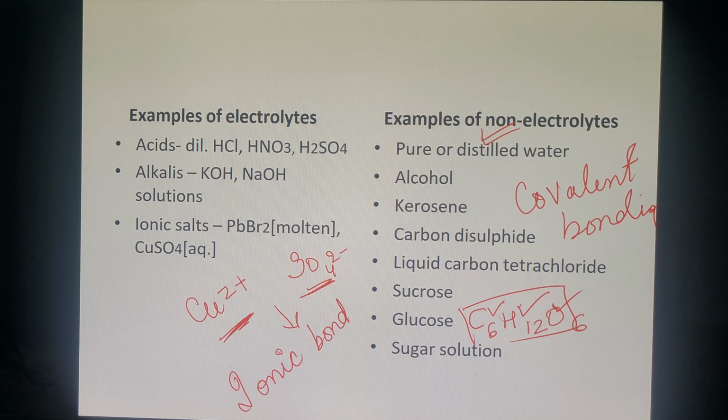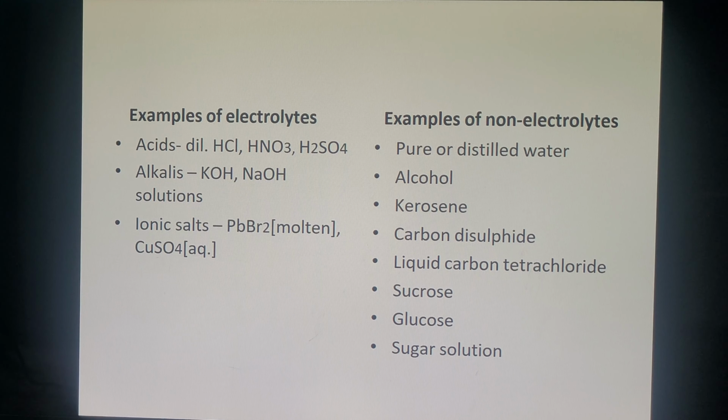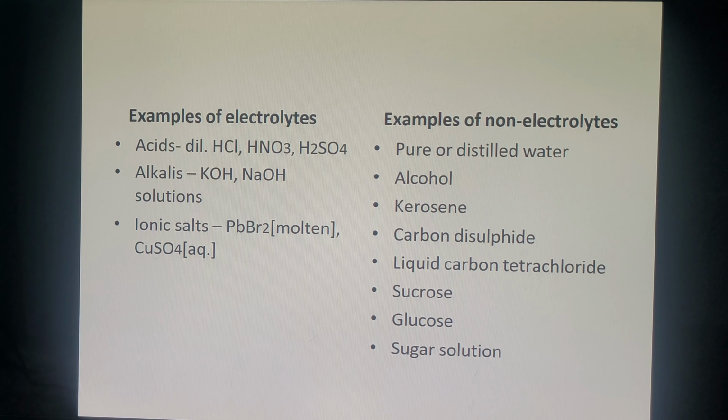And hence we know all ionic compounds are electrolytes, all covalent compounds are non-electrolytes. For example, I take alcohol. This is an alcohol called ethyl alcohol, C2H5OH, carbon non-metal, hydrogen non-metal, oxygen non-metal, hydrogen non-metal. So again, this will have a covalent bond. So this will be again a non-electrolyte.